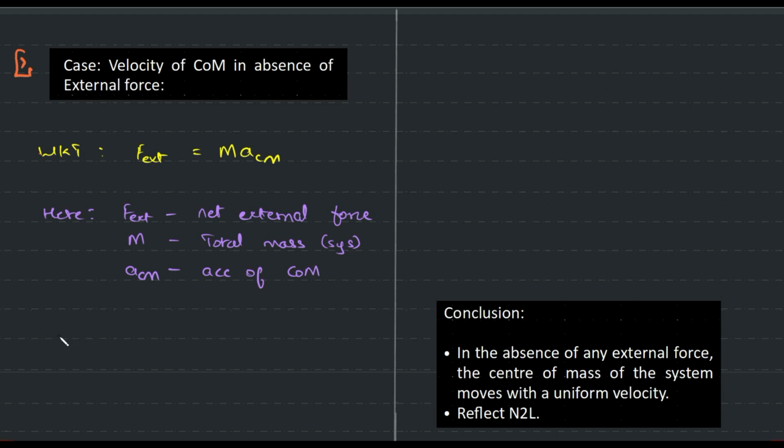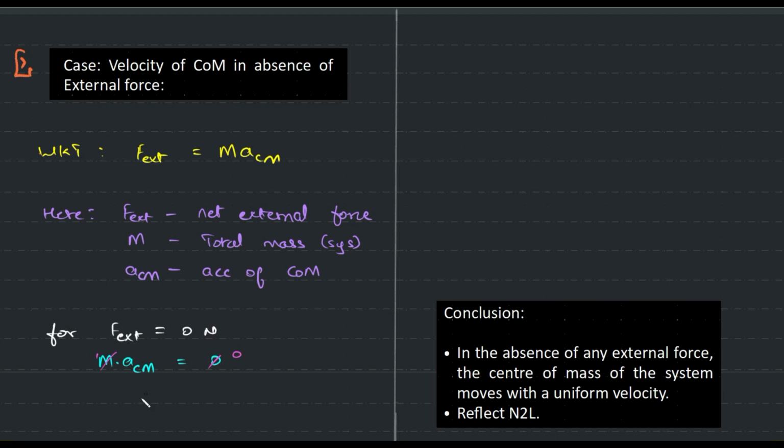Now, since we are talking about velocity of center of mass in the absence of external force, for the external force being equated to 0 Newton, we have mass times acceleration of center of mass is equal to 0. And so this and this can cancel, right? Mass cannot be 0.